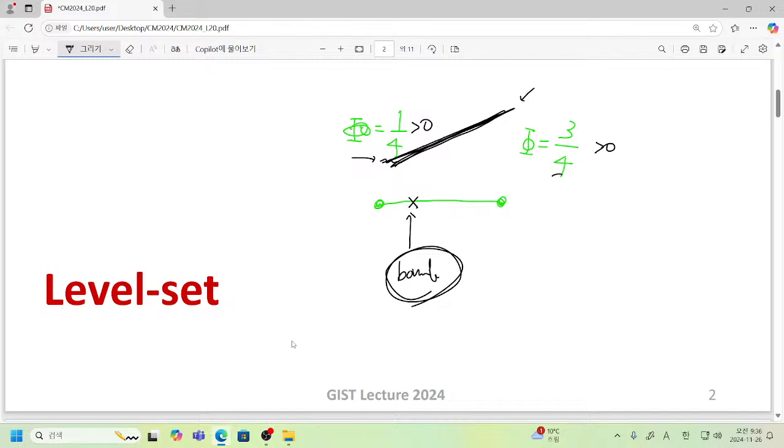So there is no guarantee that, when we have these two positive numbers, in between them we have a zero crossing point. Do you have any guarantee that if we have two points with the same sign, we have a zero crossing point?